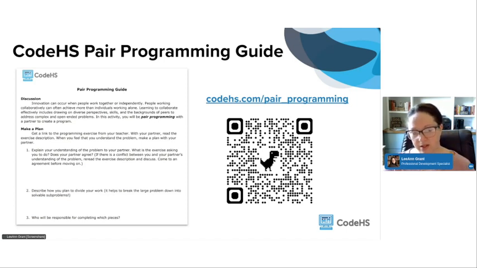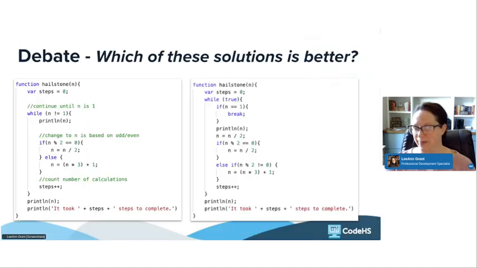All right, so next activity, debate. We often don't think of debating and programming going together. But what if we were to give students a specific code, and it could be in any language, anything that you're working on.